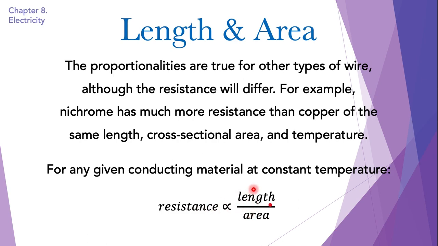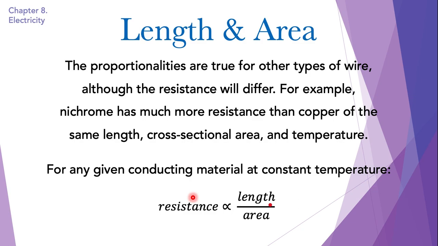By directly proportional we mean if length increases, the resistance will also increase, and if the length decreases, the resistance will also decrease. But it is inversely proportional to area, which means that if area increases, the resistance decreases, and if the area decreases, the resistance would increase. So this is the link between the resistance and the length and area of a wire.